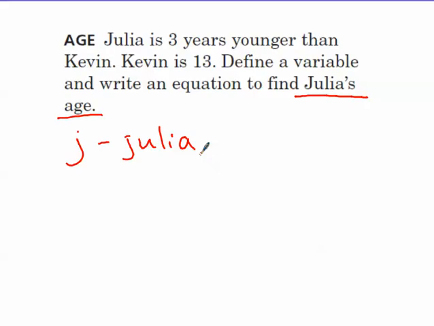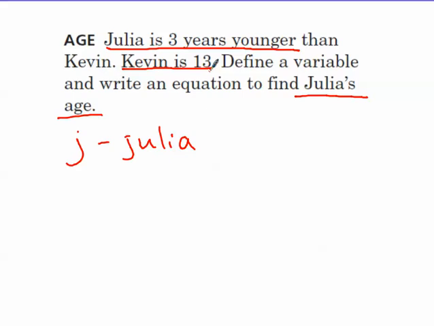And it says Julia is 3 years younger than Kevin. Kevin is 13 years old. Define a variable and write an equation. So we need to write this equation. So it says, what do we know? Julia is 3 years younger than Kevin, and Kevin is 13. So there's a couple of ways that we can write this.